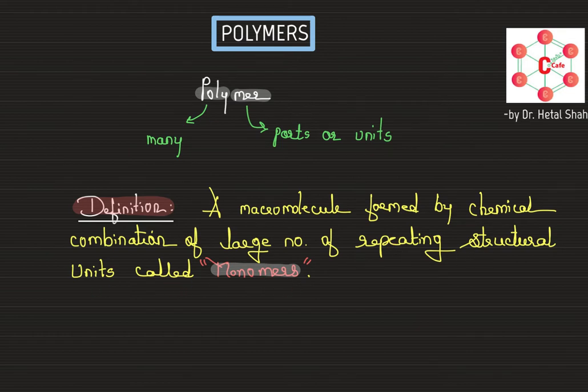So any polymer would be a macromolecule, and this macromolecule is formed by chemical combination of a large number of repeating structural units. These repeating structural units are called monomers, and you know that these monomers are held together in any polymer by covalent bonds, right?